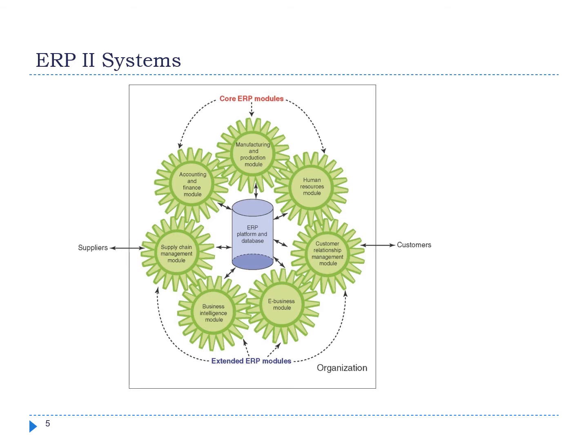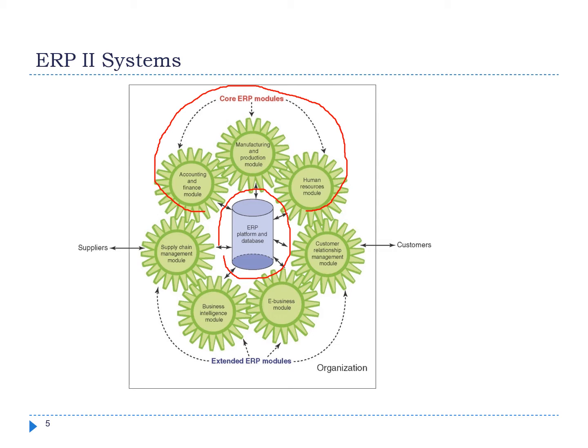Now we can take a look at the figure presenting the ERP2 system in the slide. We can see the common ERP platform and database in the center in purple. If you look at the top, you can see the core ERP modules of accounting and finance, manufacturing and production, and human resource.